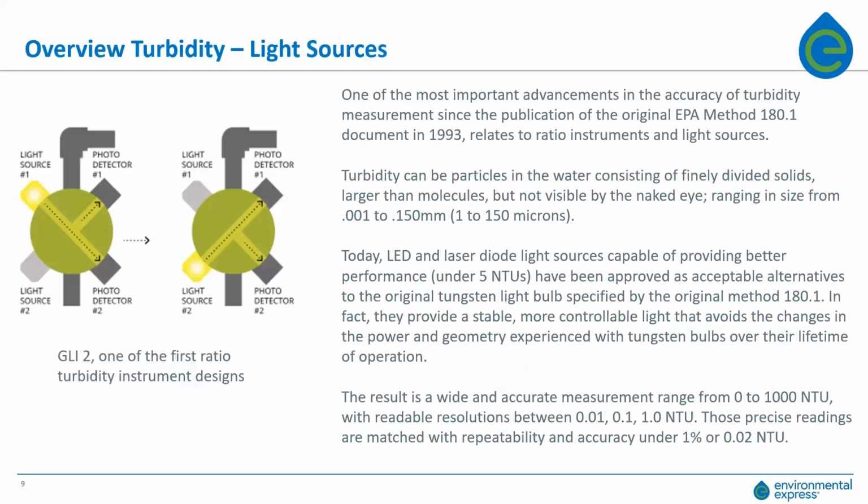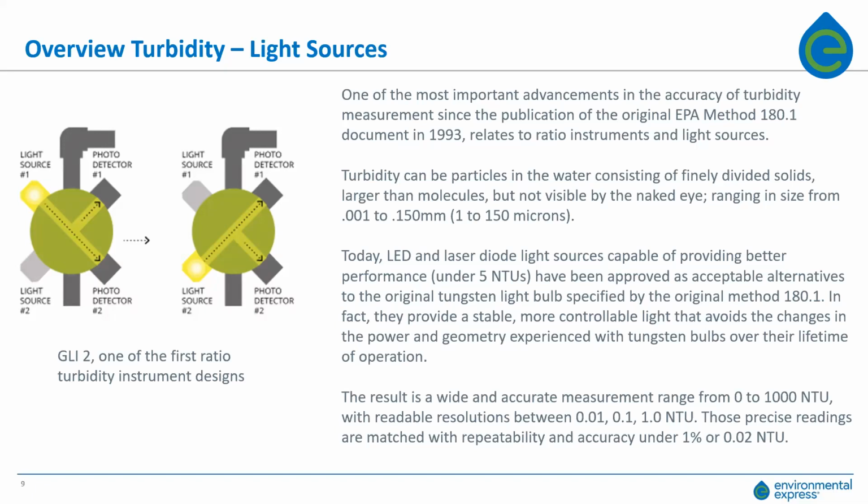So next, I want to talk a little bit about light sources. Light sources are key in the evolution of turbidimeters. One of the most important advancements in the accuracy of turbidity measurement since the publication of the original EPA method 180.1 relates to ratio instruments and light sources.